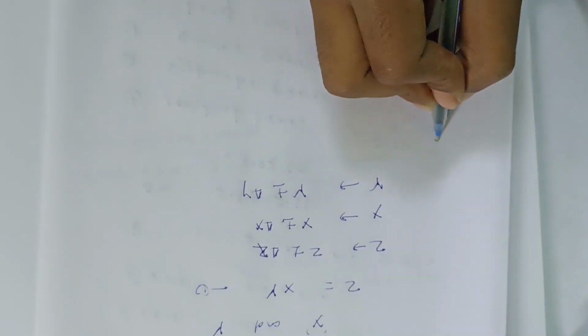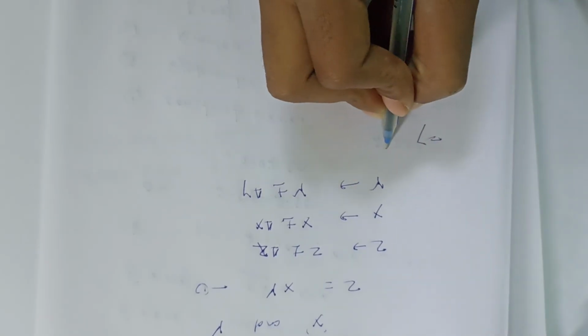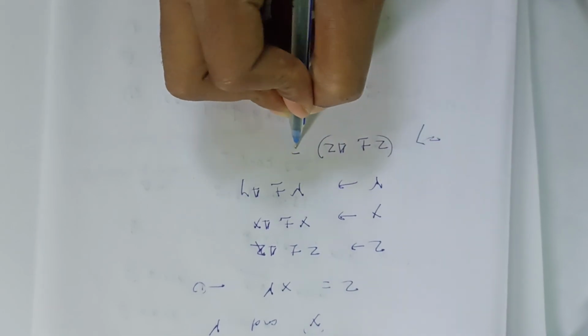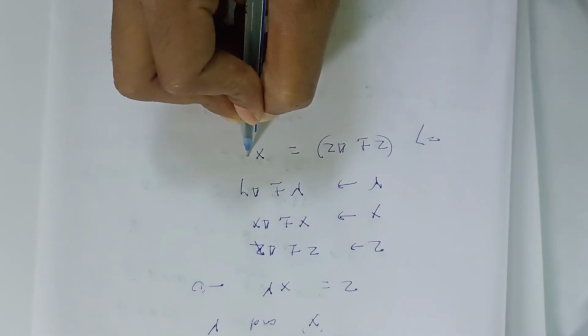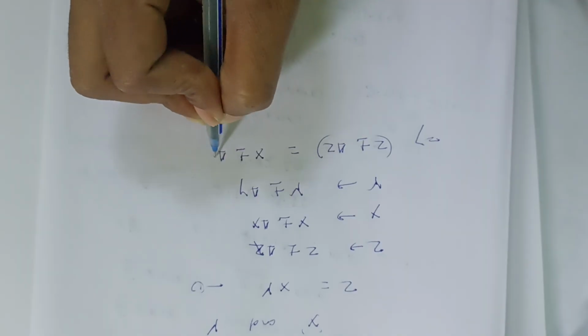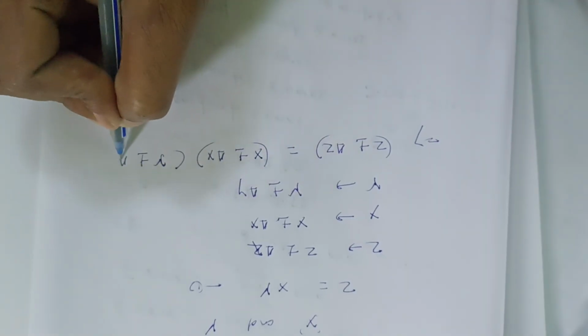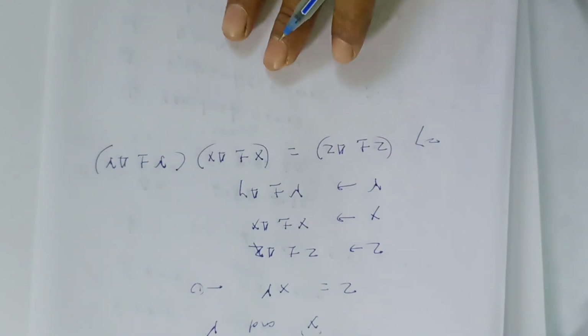So z plus minus del z equal to x plus minus del x into y plus minus del y.